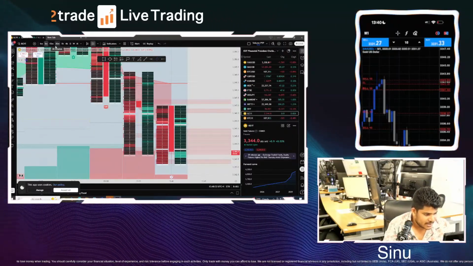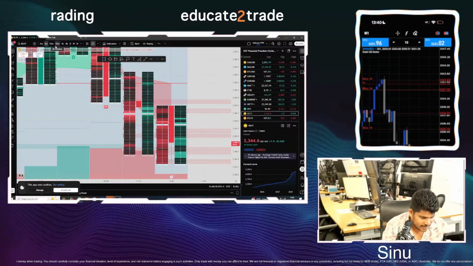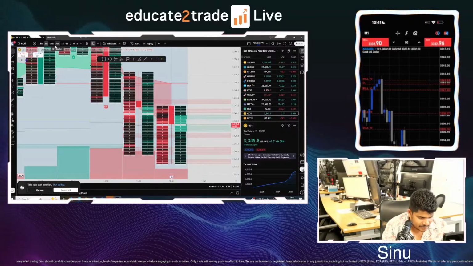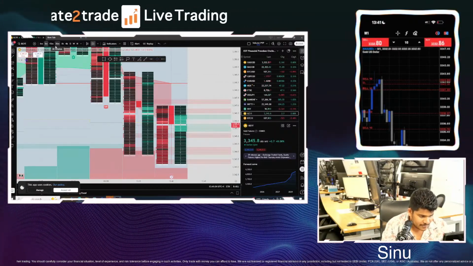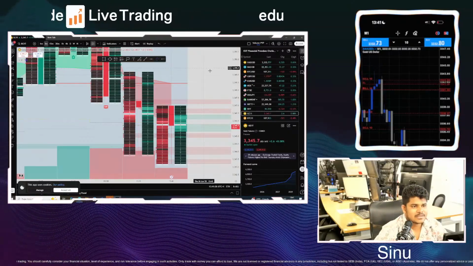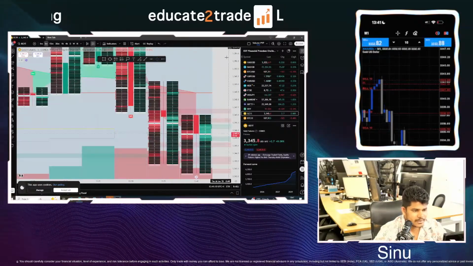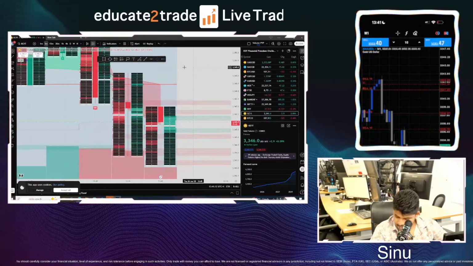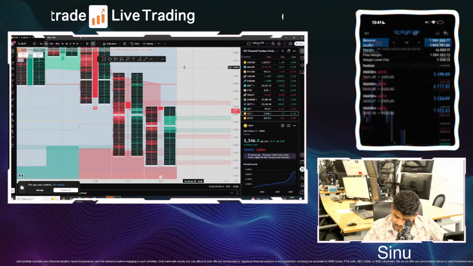Let me go back and check what is happening with respect to the 15 minute time frame. Okay, all right, we have seen two good sell-off candles. Is there any imbalance to be tapped? Okay, this particular zone, right? All right, the very next candle is pushing beyond this level.